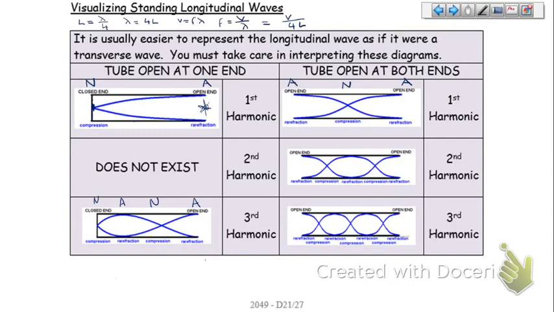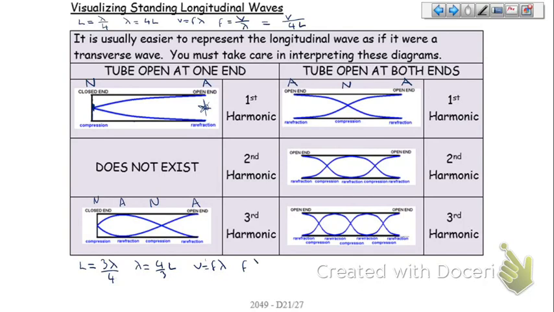If I look down here, L is equal to, how much of a wavelength is that? It's going to be 3 lambda over 4, because you go from a node to an antinode. So lambda is equal to 4L over 3. V equals F lambda.